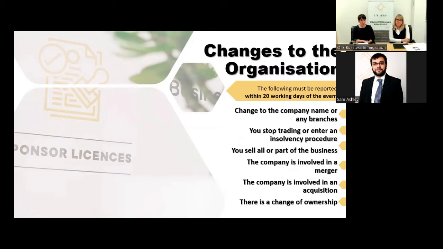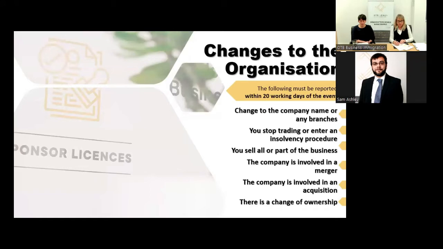The majority of these, you have 20 working days from the event taking place to get them reported. There's one exception to that. So if as a sponsor you change from being a small business and become a medium or large business, or vice versa, if you're a medium business and you become small, or if you either gain or lose charitable status, that's supposed to be reported within 10 working days.